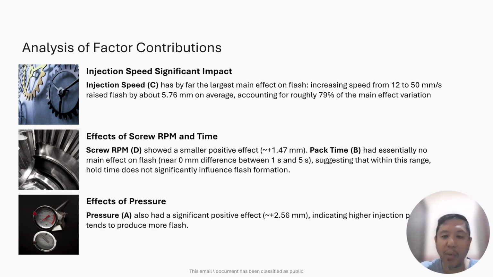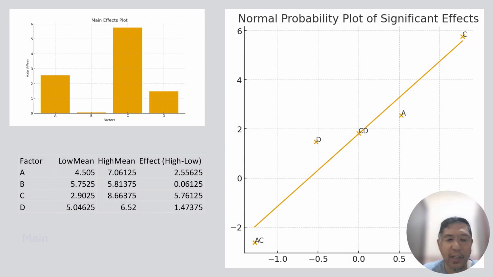Pack time was actually virtually 0%. So the implication is clear, as per our analysis: if we want to reduce flash, we should focus on injection speed and pressure. Those are the heavy hitters. Screw speed has a minor effect, and pack time can be set to whatever is convenient because it doesn't affect flash at all. Okay, let's move on to the next slide.